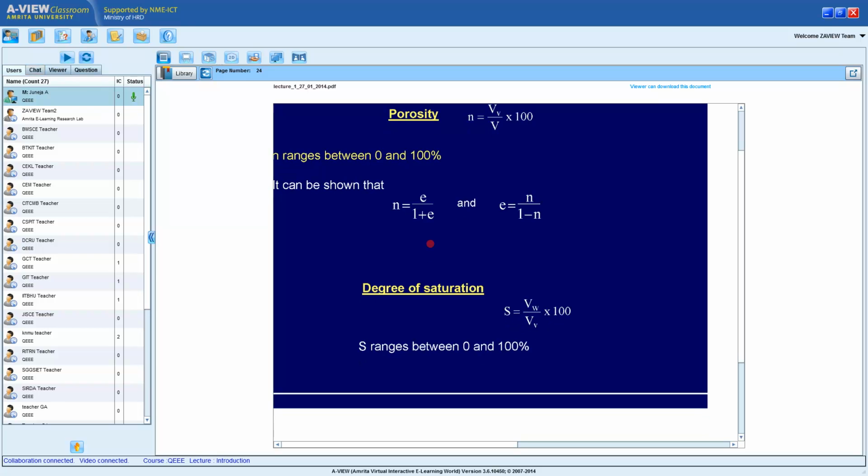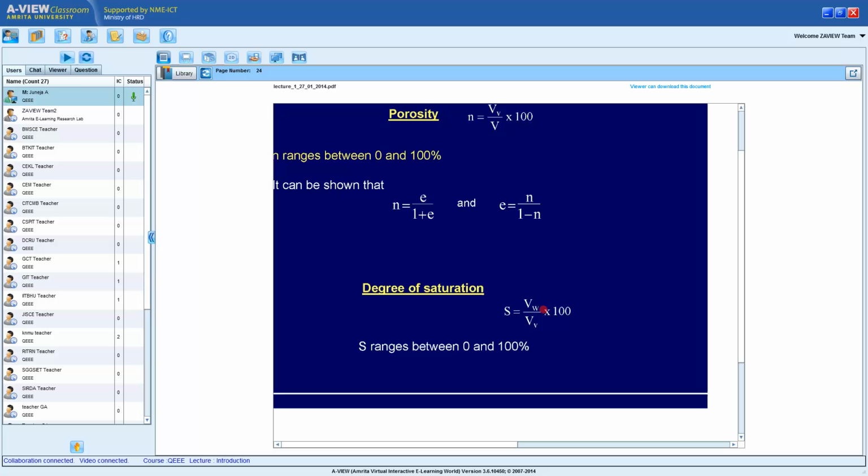This leads to the next term, which is degree of saturation. Degree of saturation is defined as volume of water to the volume of voids.